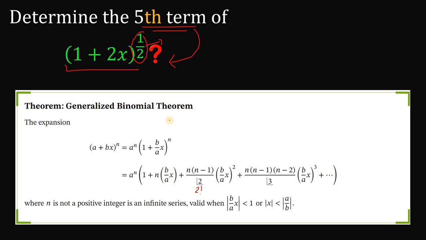Now, this is the generalized binomial theorem, but in our given, this a is just 1. So, let's use the generalized binomial theorem when a is equal to 1. And here it is.